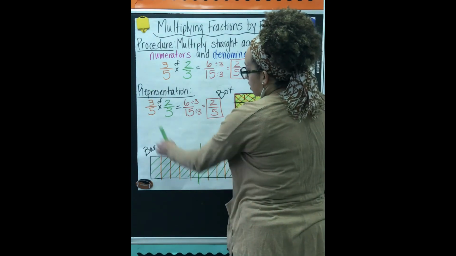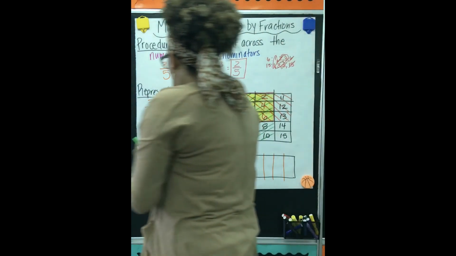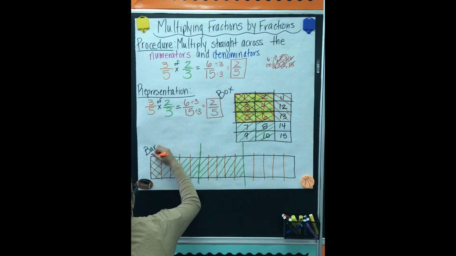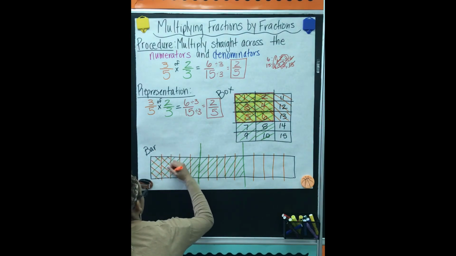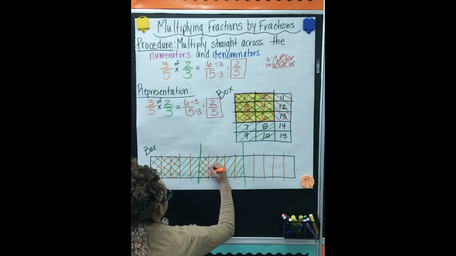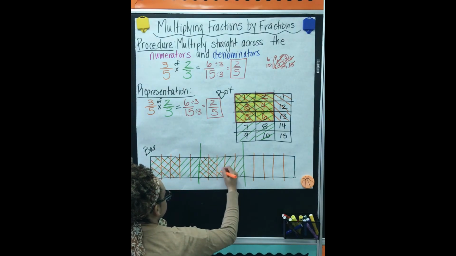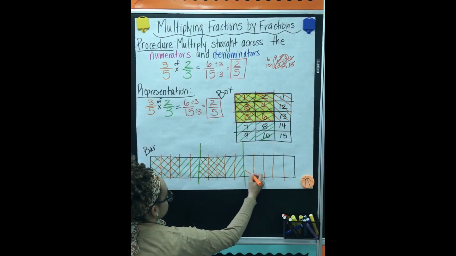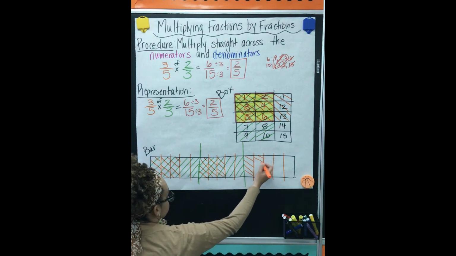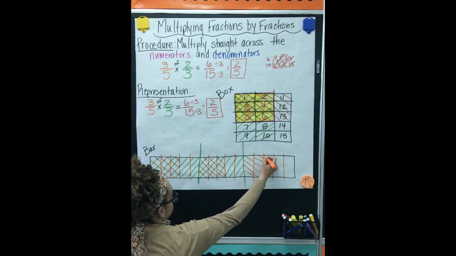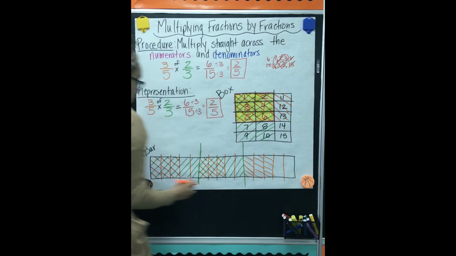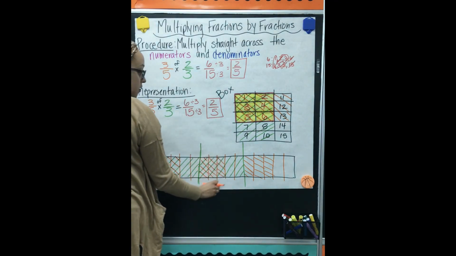Then we're gonna shade in 3/5 of each set of 5. We're not gonna shade them in because we wanna be able to see. We're gonna slash them in. So I shaded in 3/5, 3/5, 3/5.